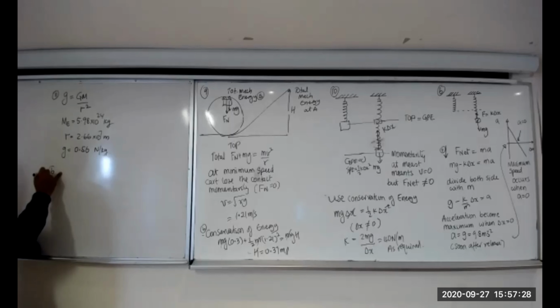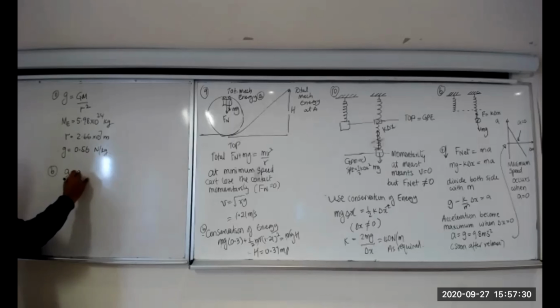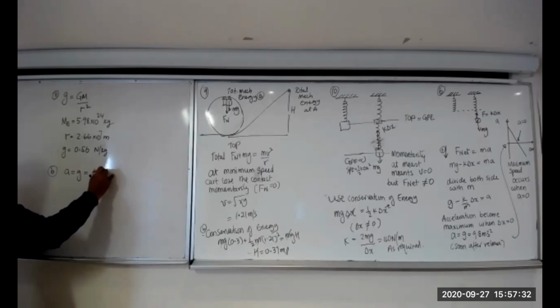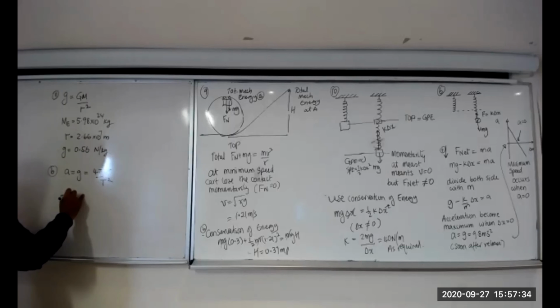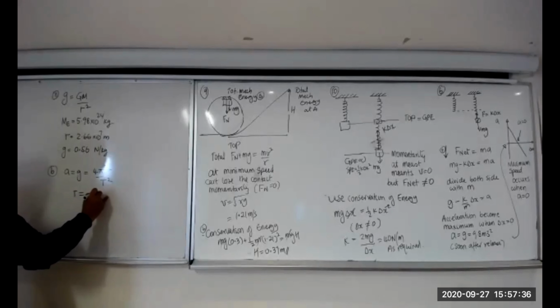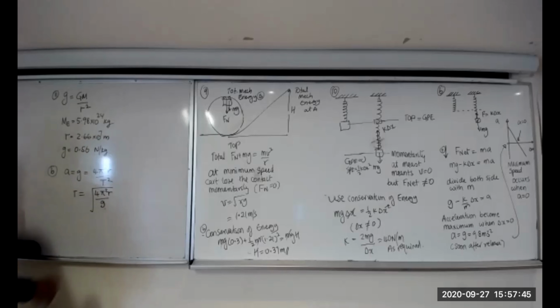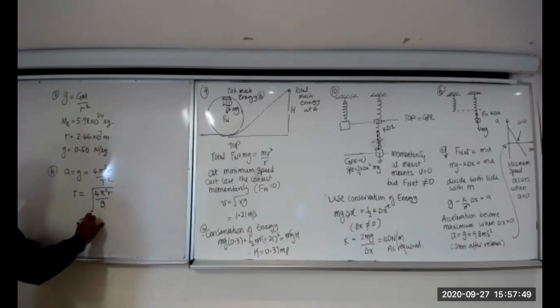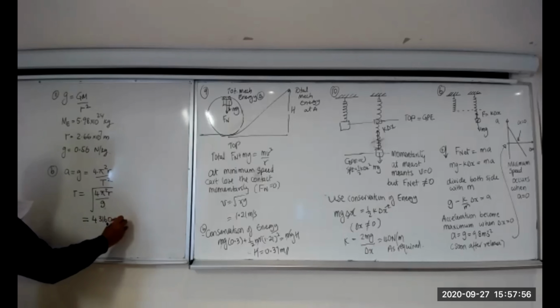Part B, you can just say that acceleration is, you can write it like this, 4 pi squared r over T squared, and find the T. When you substitute the values, you can put that a here, or g or whatever. In terms of seconds, you should get that, for 12 hours.